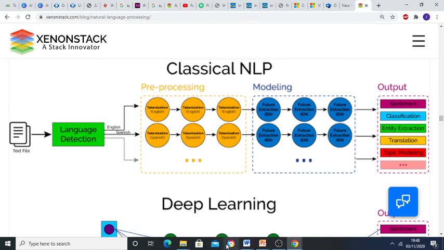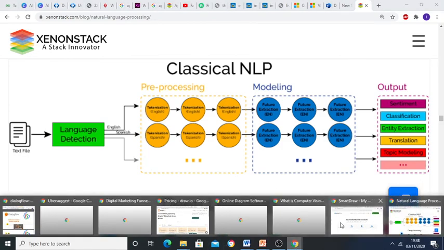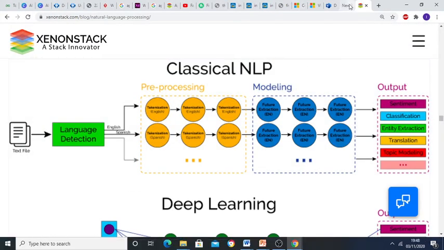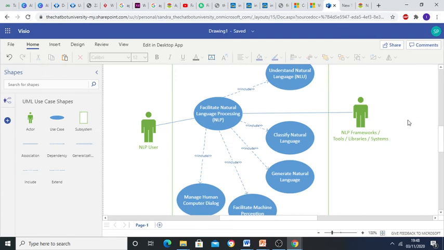If we go back to our use case diagram, you can begin to see the nature of this includes relationship. You can begin to see what it means.